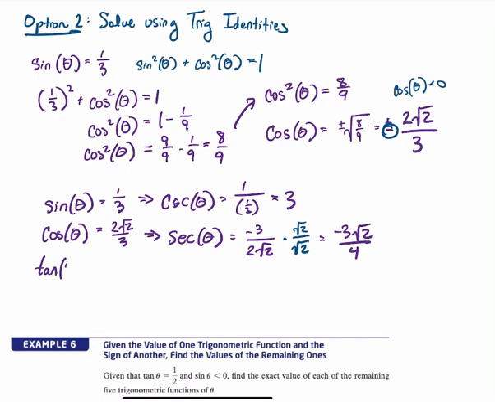Tangent is sine over cosine. That's where we did our division of two fractions, 1/3 divided by negative 2 root 2 over 3. Oh, and this tangent was negative, right?